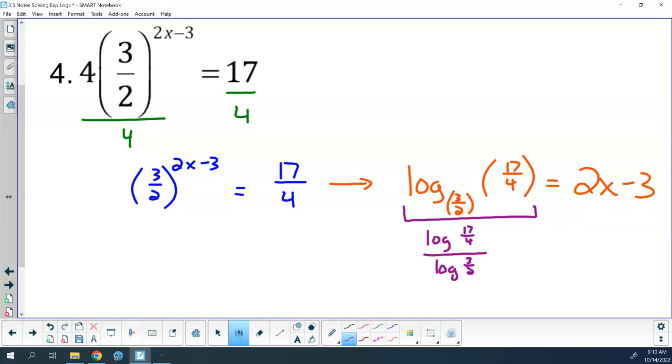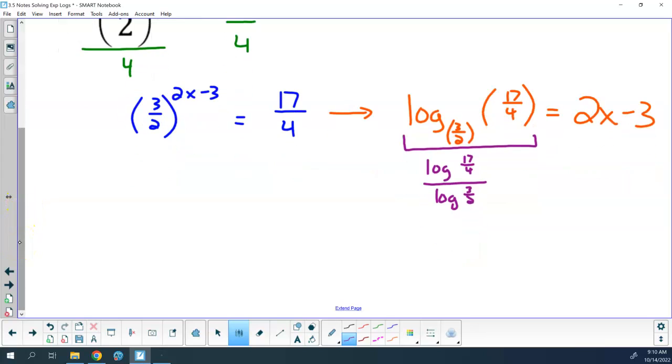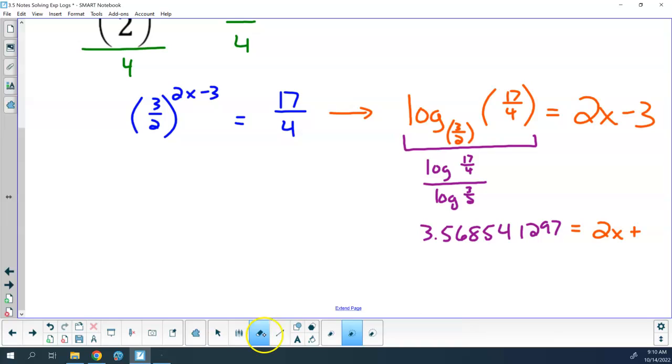And I get 3.56854127. Again, going to leave that on my calculator as is because I've got some more work to do with it. Oops, I put +3, that should be -3. In my brain, I was already thinking about my next step. So then I'm going to add 3, right on my calculator.